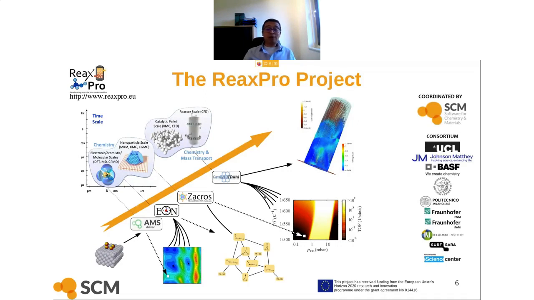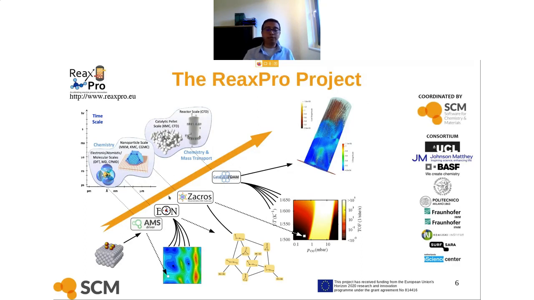So in the next part, catalytic foam is going to require, again, thousands of SACROS calculations to create these kinds of landscapes for the TOF. In that way, it's going to have all the information that is needed during the simulation of the real reactor. So I'm not going to talk about the whole project.